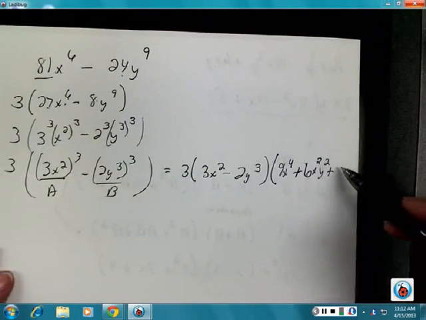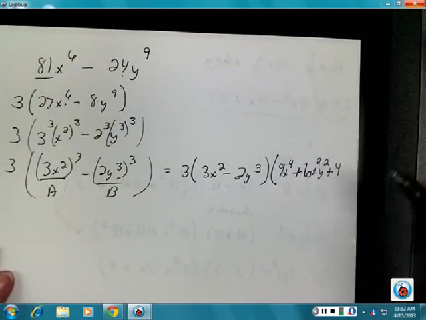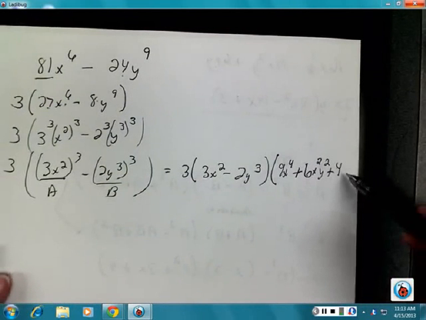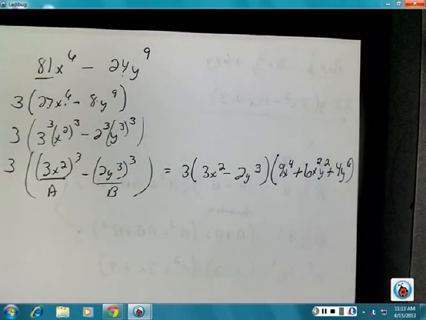What's 2 squared? 4. What's y cubed squared? Y to the 6th. Y to the 6th, and that's your answer. So you've got to combine and do some stuff in there with those. Okay.